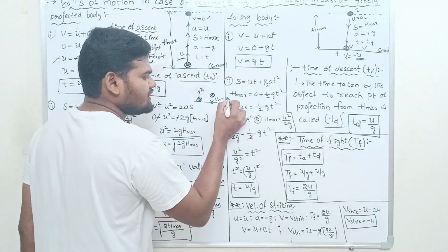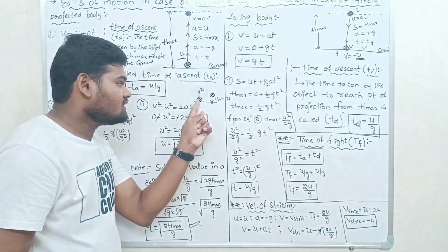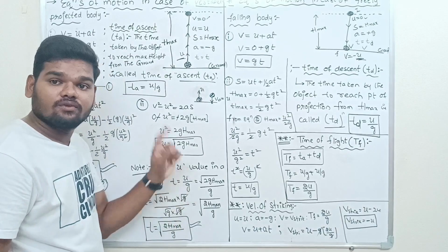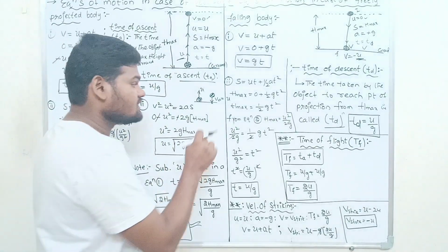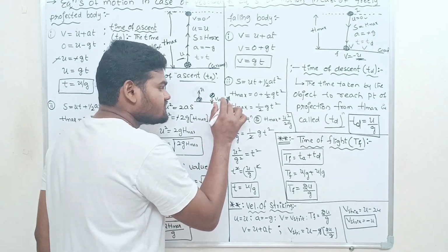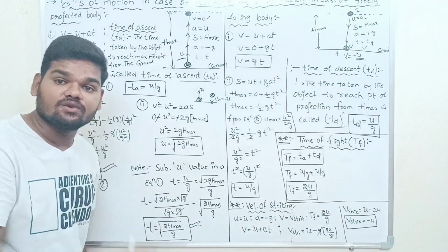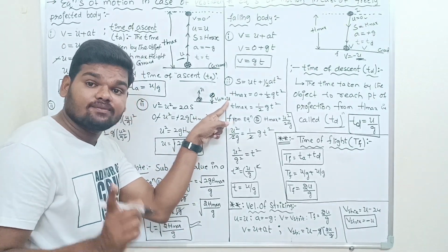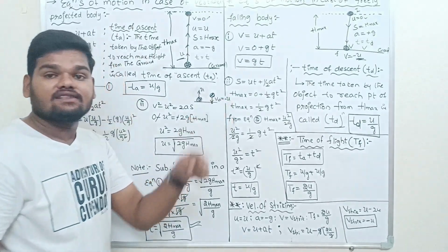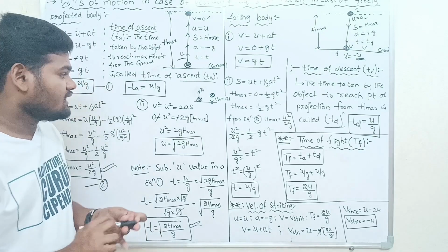What is its value? u. Its value is also u, but have a look, they are opposite to each other. Here the minus sign shows that the velocity of striking is opposite to the velocity of projection. Are you getting any doubts?